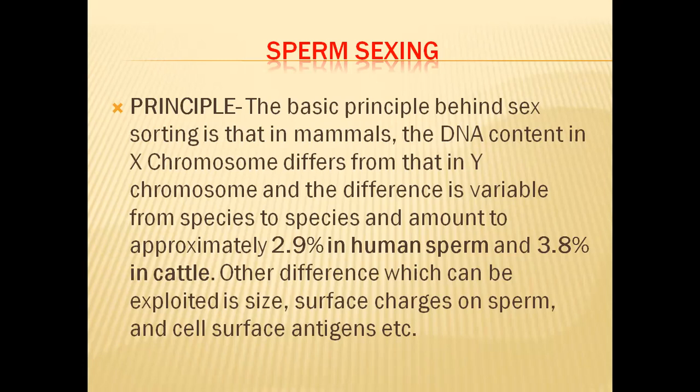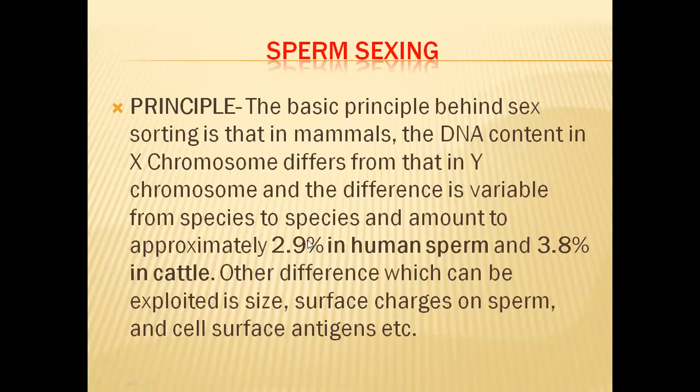There is a difference between the X chromosome and Y chromosome in terms of size, and that is reflected in DNA content. The X chromosome has more DNA than the Y chromosome. This is the basis for separating sperms into two types, and the basis for this sperm sexing technology.